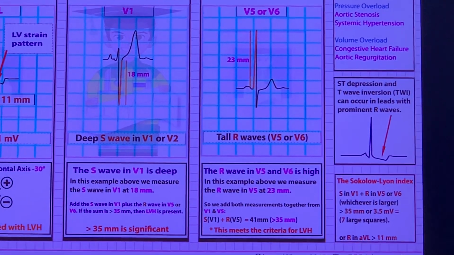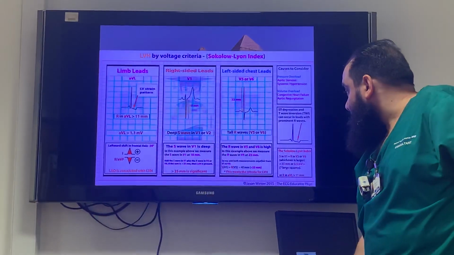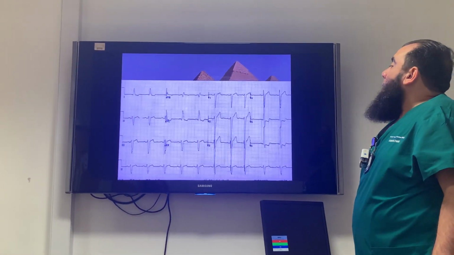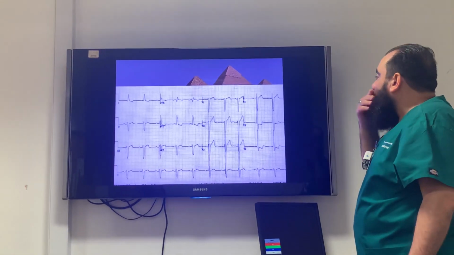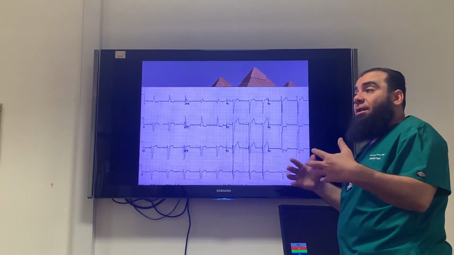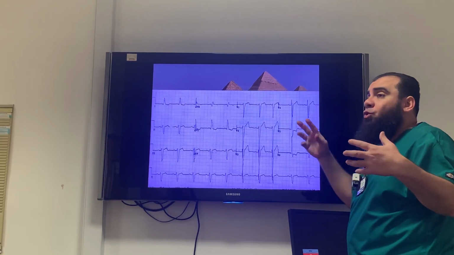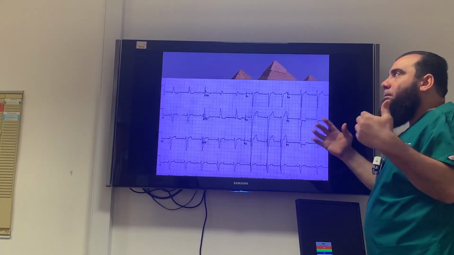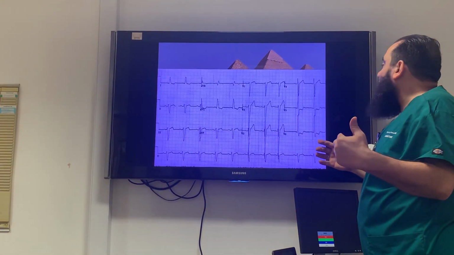Okay. This is how it looks. We don't need to find all of these criteria. You can find one or two, whatever, but it's just collective information to establish the diagnosis of left ventricular hypertrophy.